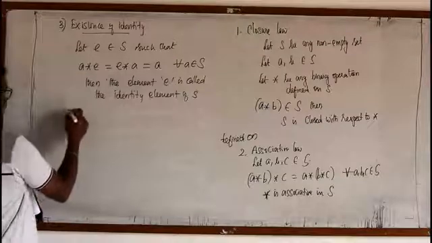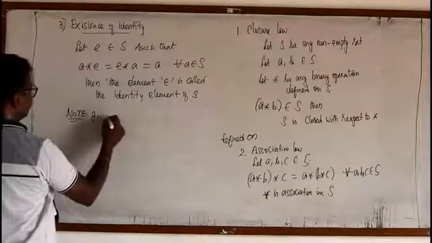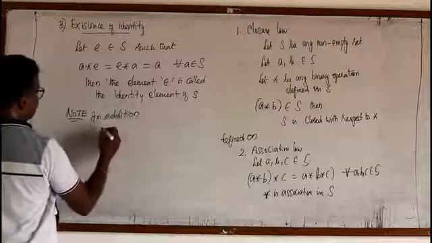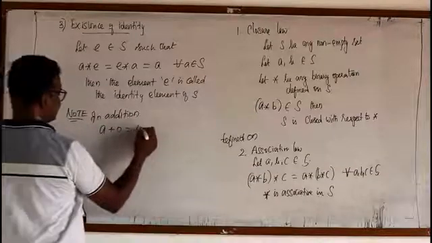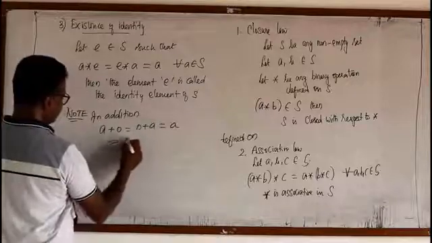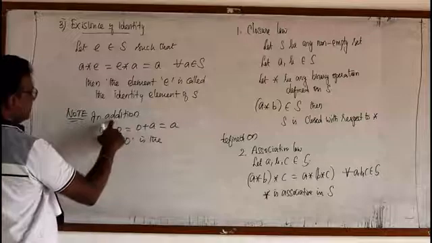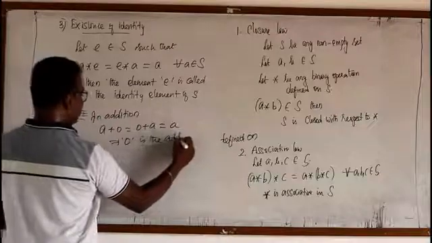For example, in addition, any number A with 0 or 0 with A equals A. This implies 0 is the identity element. Since it is not involved in addition, 0 is the additive identity.